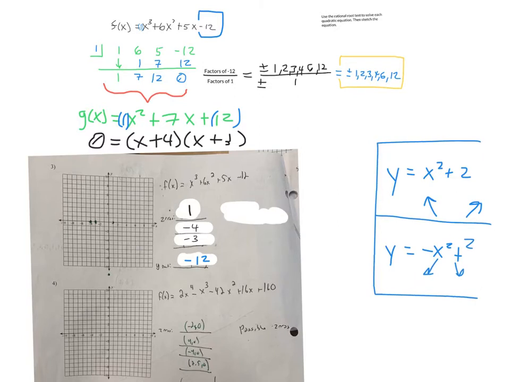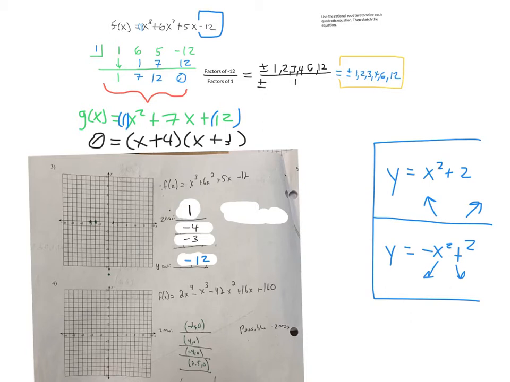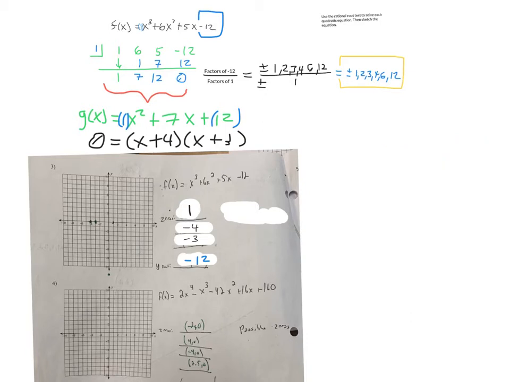Now, of course, we're going to want to contrast that with what happens when the degree is odd. So when we have a function such that the leading degree is odd, then it's like this.